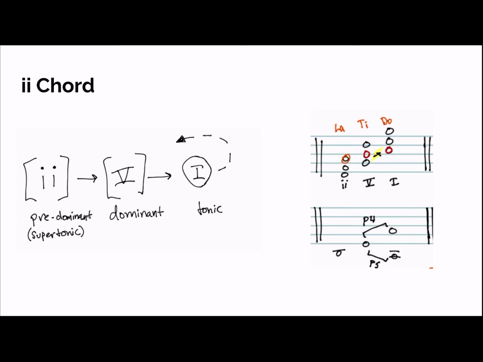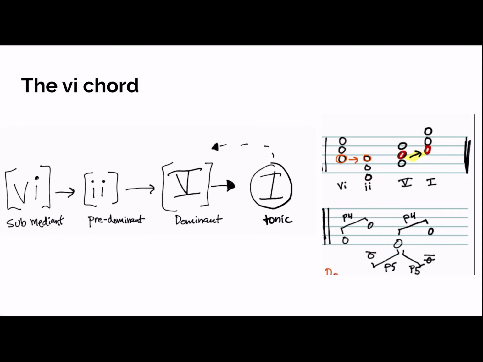And also the bass line here moves in perfect fourths and perfect fifths. We'll talk about the significance of the perfect fourth being the inversion of a perfect fifth when we talk about inversions. So this is probably a lot of information.